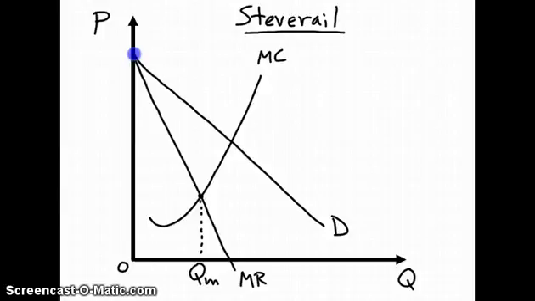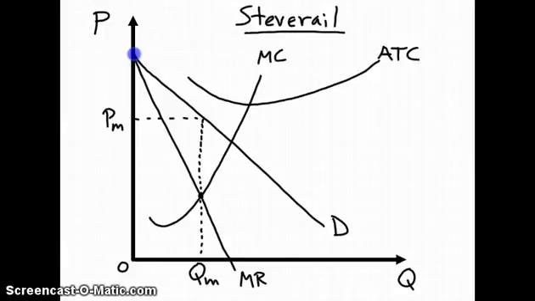Now, because they are incurring losses, I need my average total cost curve to be above the price at QM. So the price at QM is off of Steve Rail's demand curve at QM, so I'm going to label that PM. So if average total cost is higher than that, and remember, marginal cost should always intersect average total cost at its minimum value.